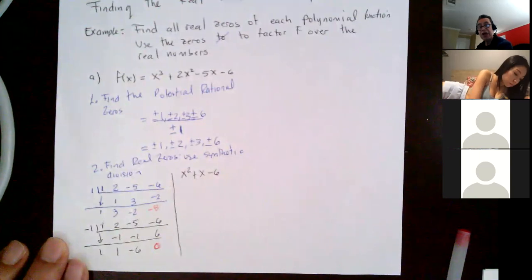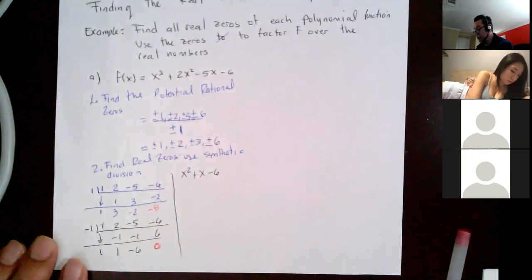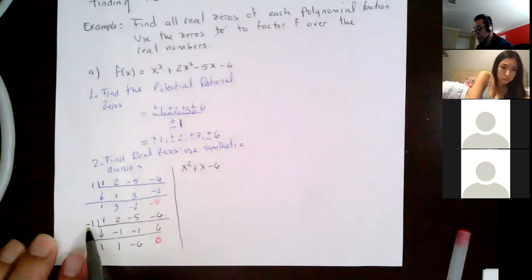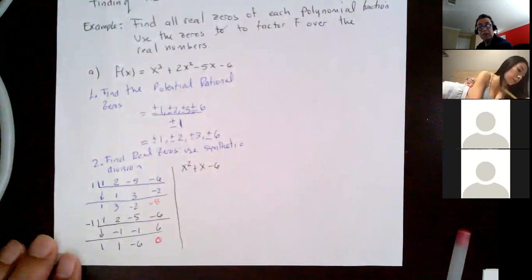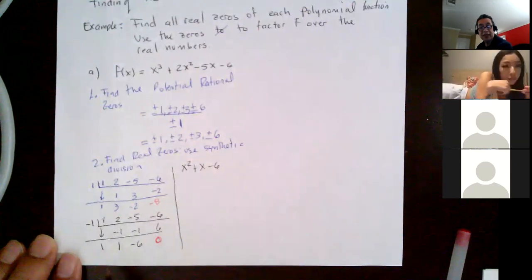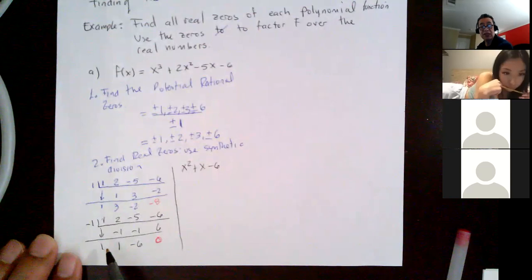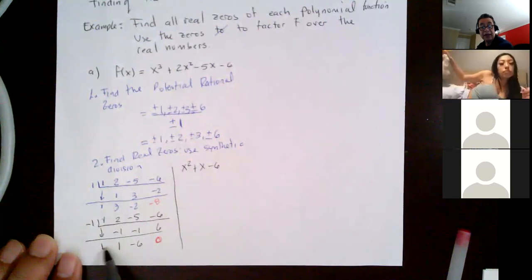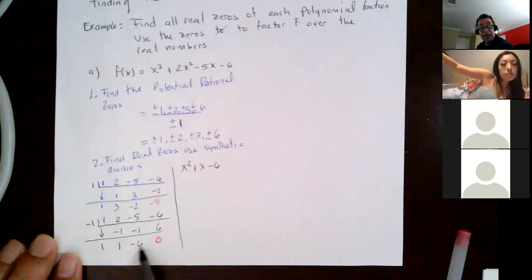All right. So now, notice what I'm going to do here. Teacher, can you explain that part for me again? Sure, definitely. This is what is left: I'm left with 1, 1, and -6. I'm going to rewrite these values as a polynomial.